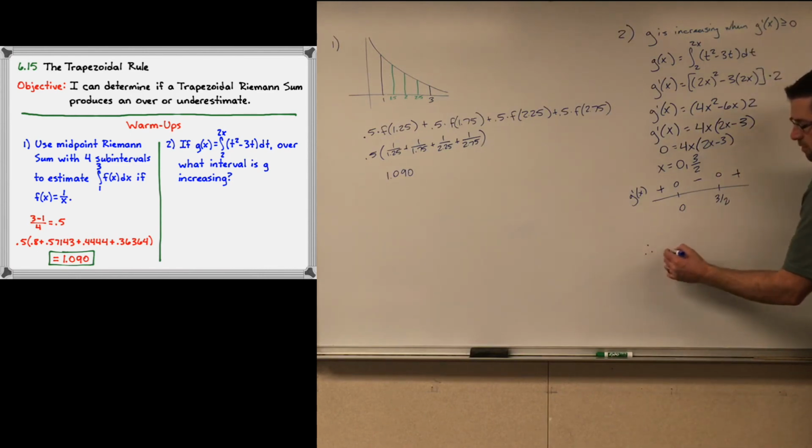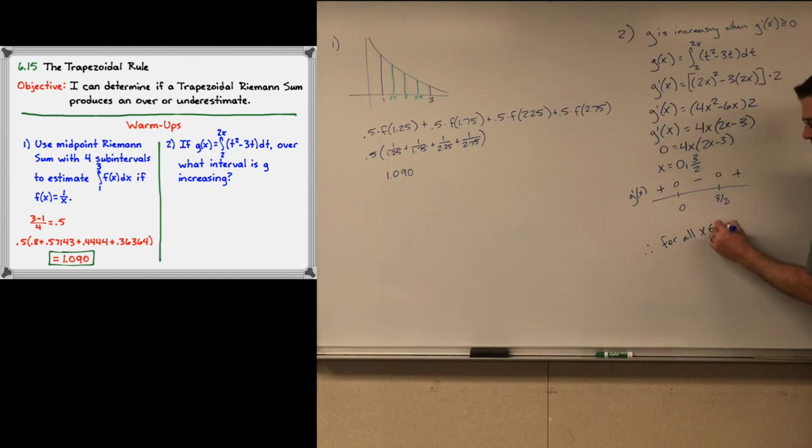Therefore, you could say for all x within negative infinity to 0, and actually that would be a closed interval, and 3 halves to infinity. Are we okay with that?